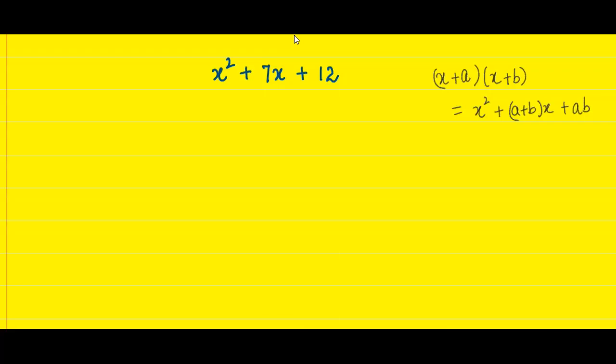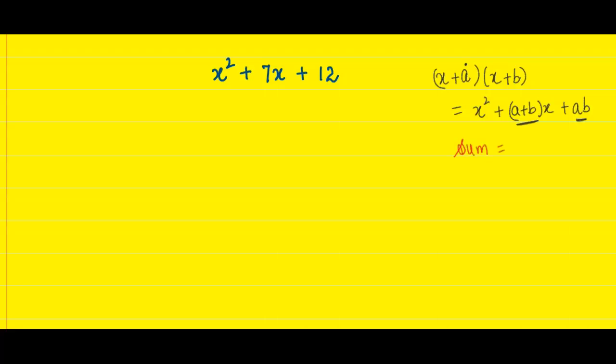This identity tells us that the coefficient of the middle term is the sum of a and b in the factors, and the last term is the product of a and b. So that means we will try to split the coefficient of the middle term in such a way that we get the sum as 7 and the product as 12.